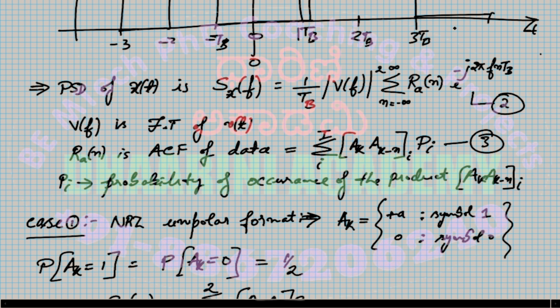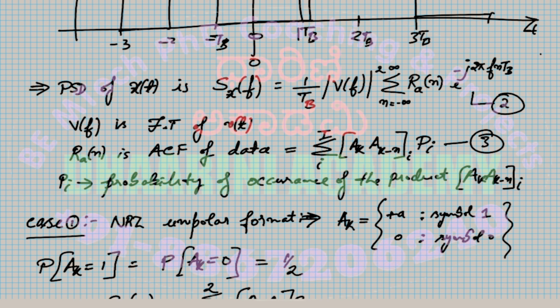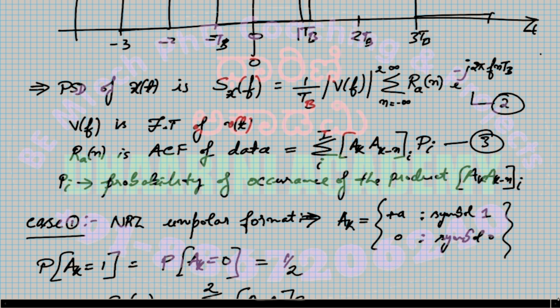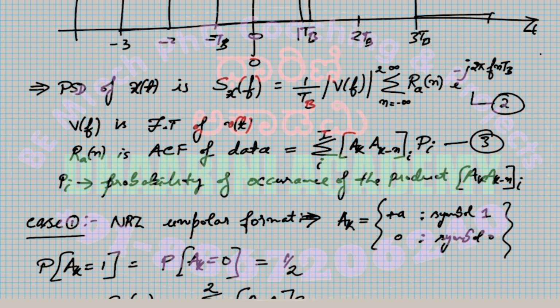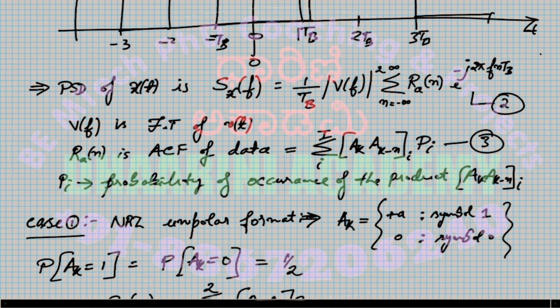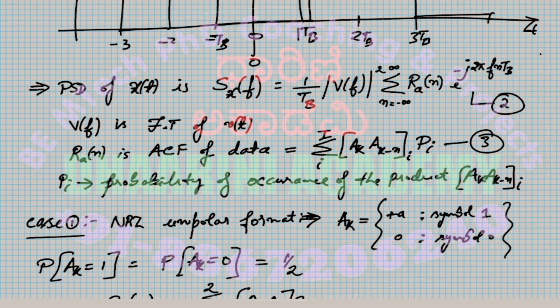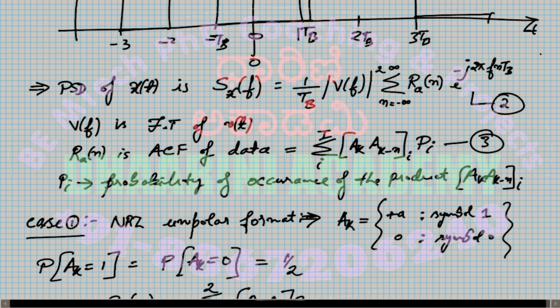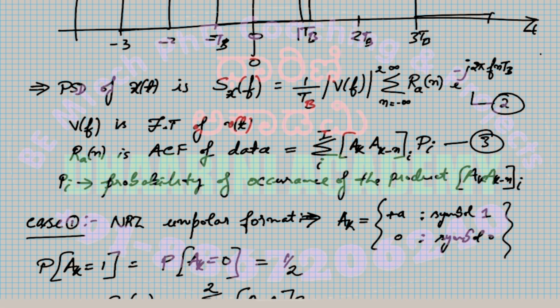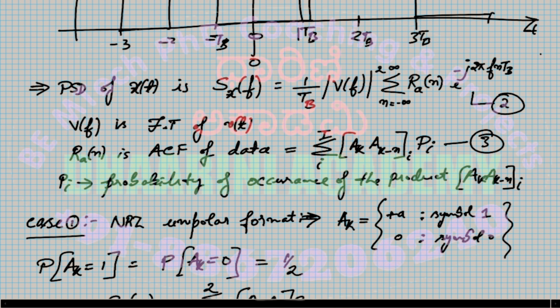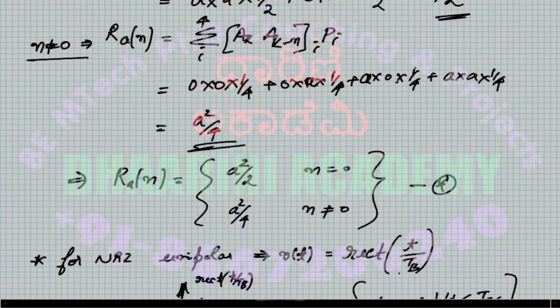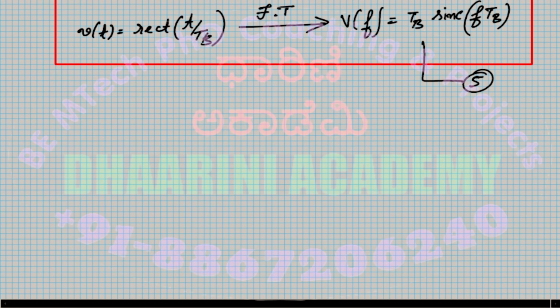E to the power minus j 2 pi, something like e to the minus j theta, very standard. That's a Fourier representation. Converting something into the frequency domain means you multiply by e to the power minus j omega t. Equation number 2 is fundamentally converting something onto the frequency domain by squaring the magnitude. You can see V of f whole square. So we put everything back into that equation.